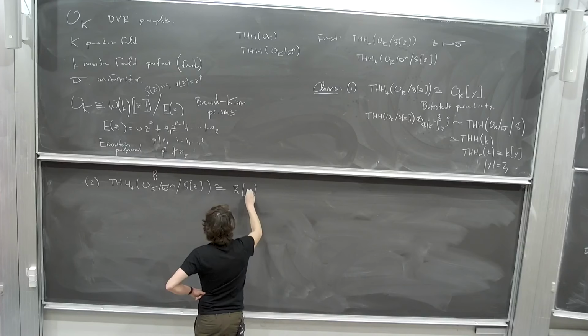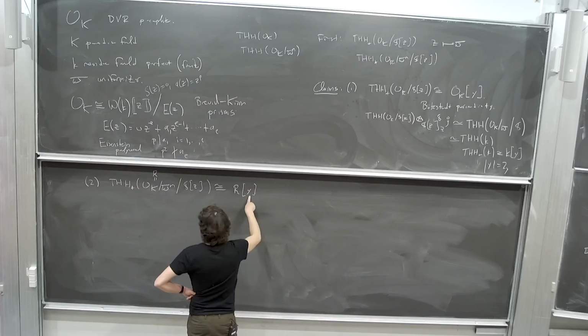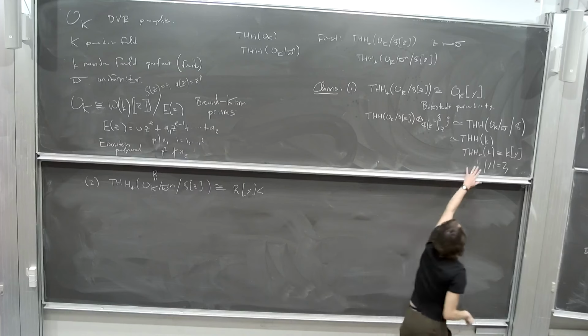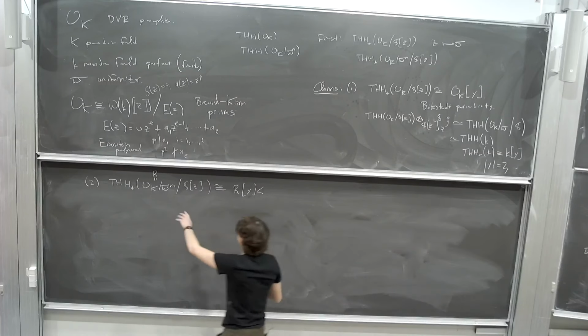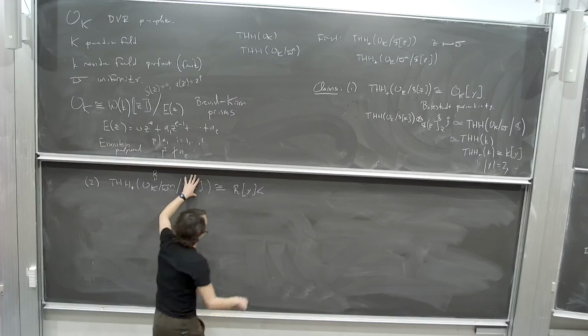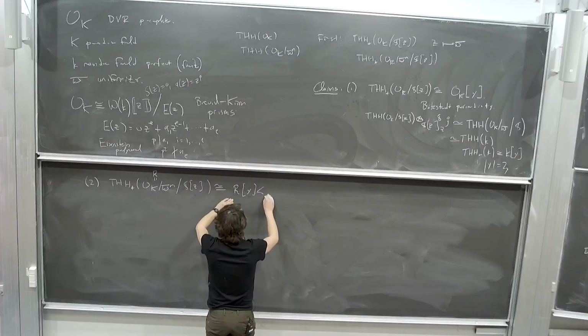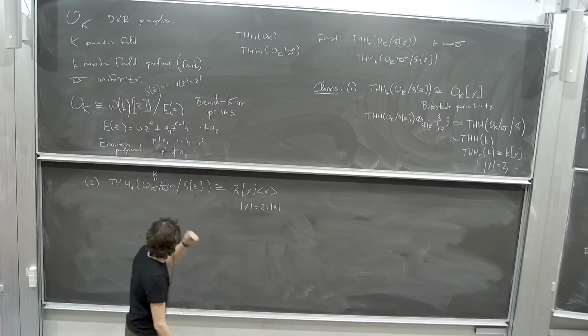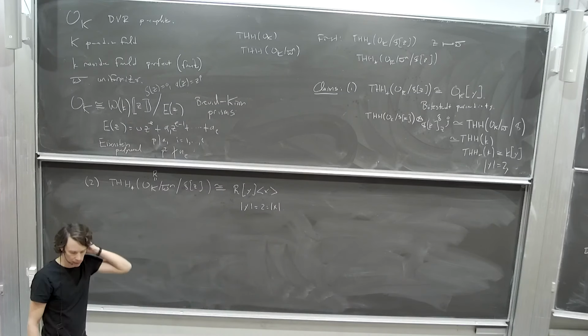We get a polynomial ring in Y. That's the contribution that's already coming from the fact that this is a THH of OK over S adjoin Z algebra, and then a divided power element, I'm not sure I have a good name for this, let's just call it X. Here both Y and X are of degree 2. Okay, so this is the second claim.